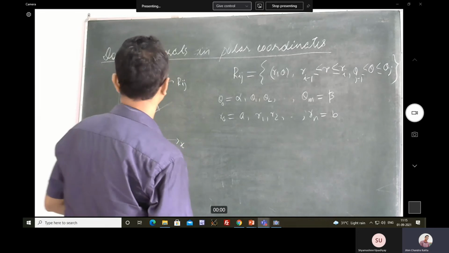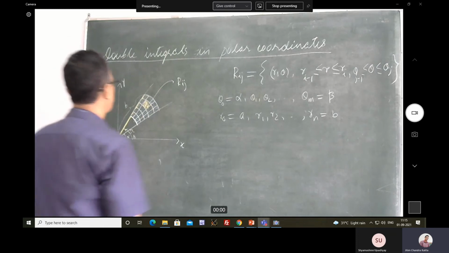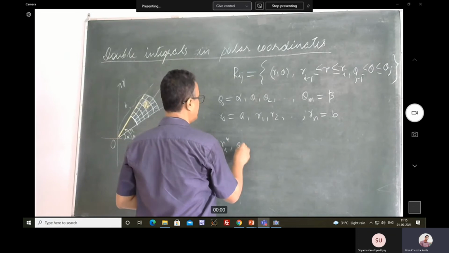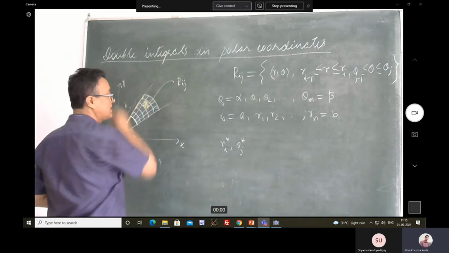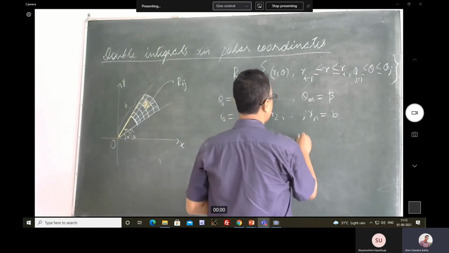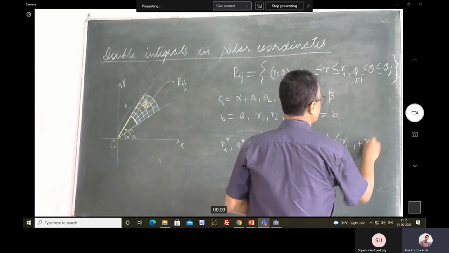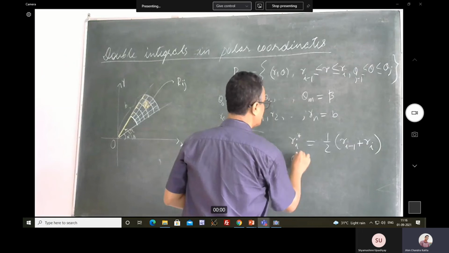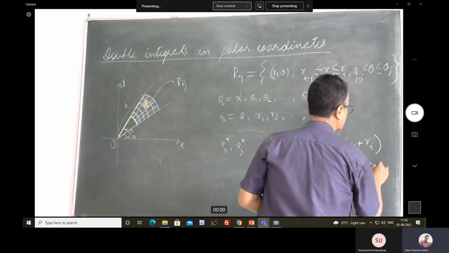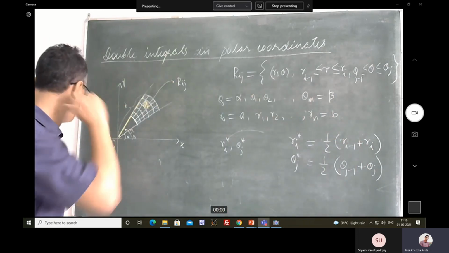And then what we are going to do is take a point here, say ri star and theta j star, and you may consider those points to be like say ri star, which is simply given by half of ri minus 1 plus ri, and theta j star. Okay.